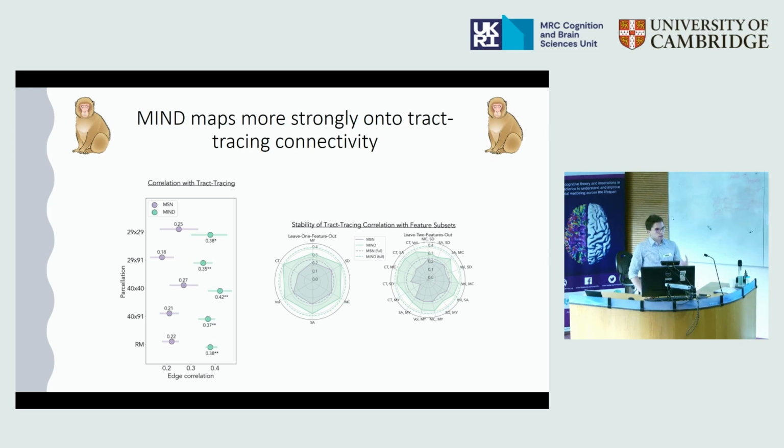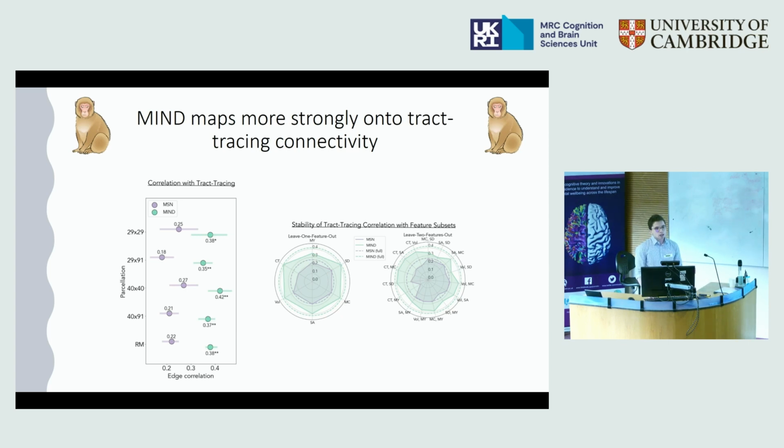The next validation step that we did was to see how closely MIND and MSN related to gene co-expression. I think that was the part of the original MSN approach that I was very interested in. To me, it made a lot of sense that regions that have similar structural profiles would have similar transcriptomic profiles. And so we were very interested to see how that related to the MIND approach.